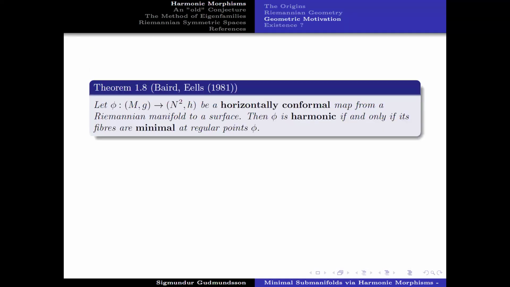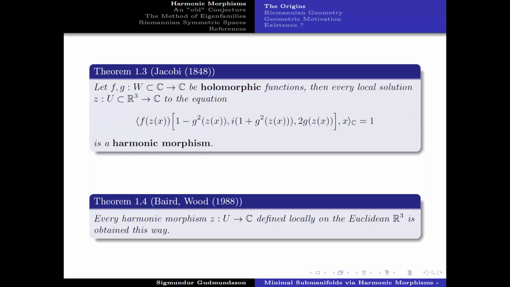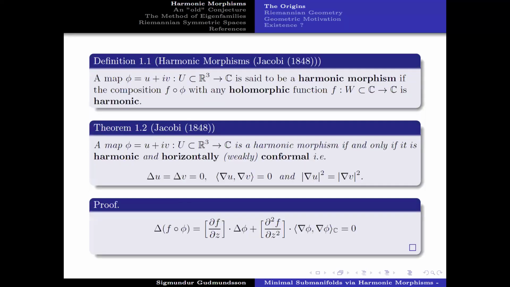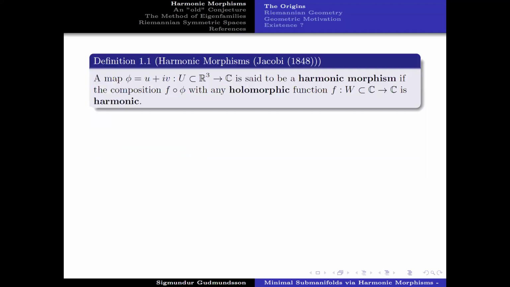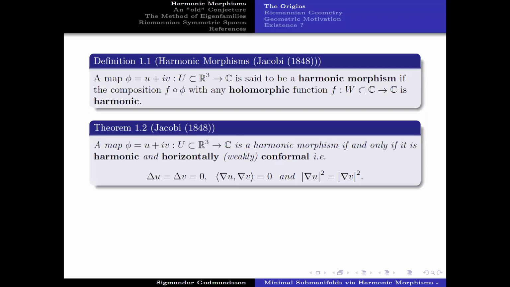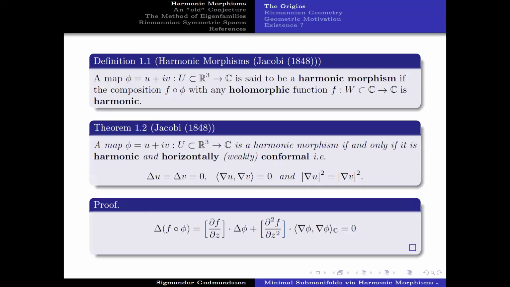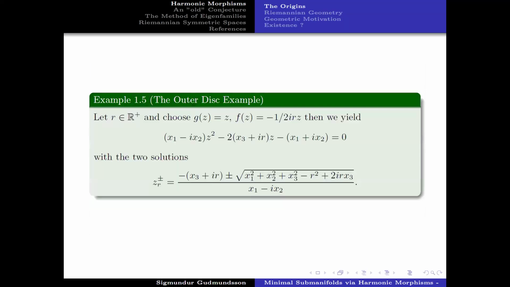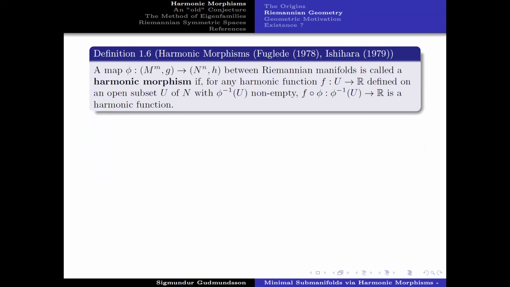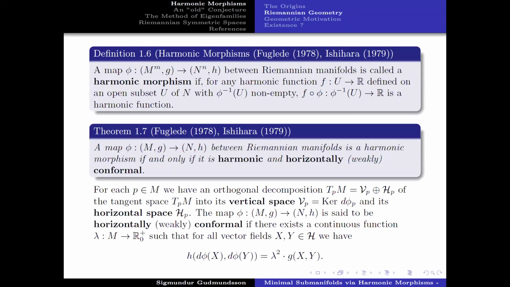So what about the Berger sphere? That would be another example. Do you mean lens spaces or something? Well, the Berger sphere is just another metric on the sphere.